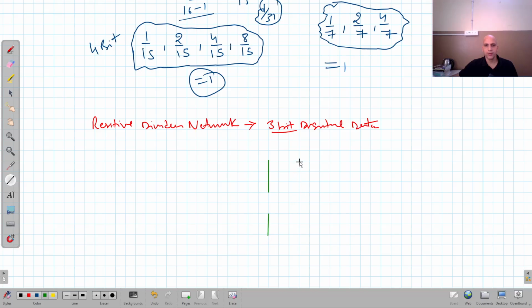1, 2, and 3. So these are the 3 paths for 3 resistors.